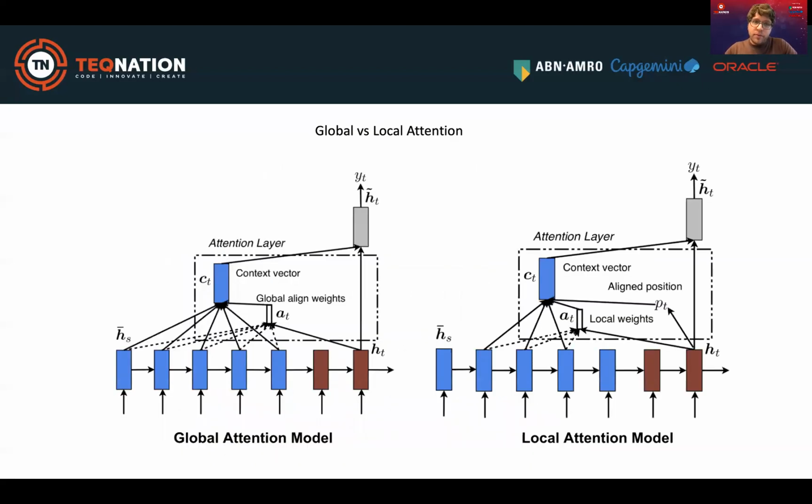In general, two variations on attention are mostly used. The one is called global attention, and the other is called local attention. The difference is that global attention uses an attention span over the whole sentence, whereas local attention only uses an attention layer on an aligned position and three words before or after that position.